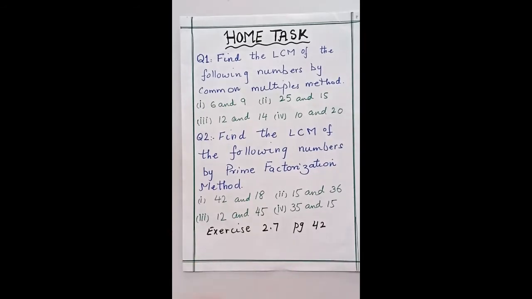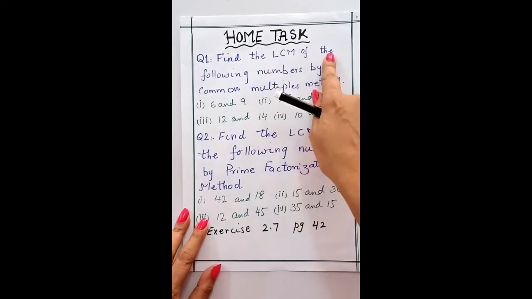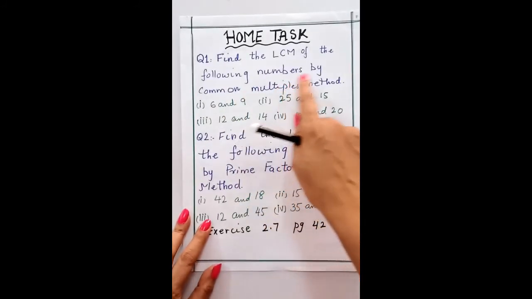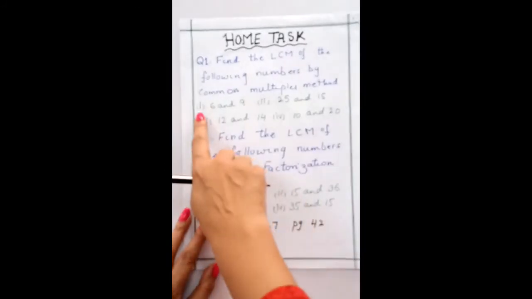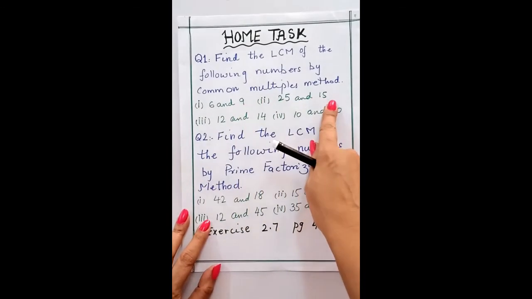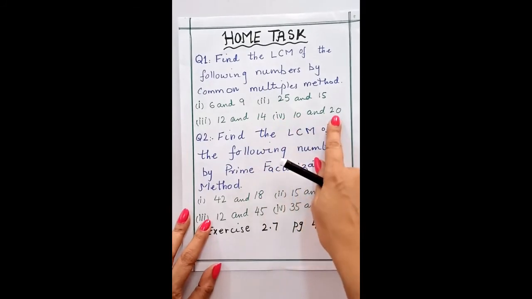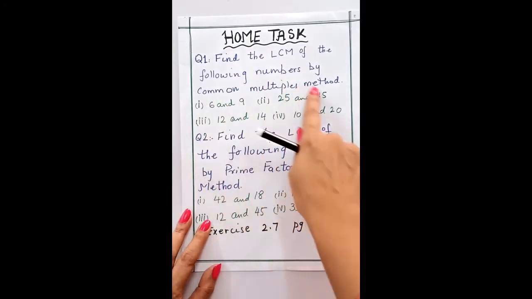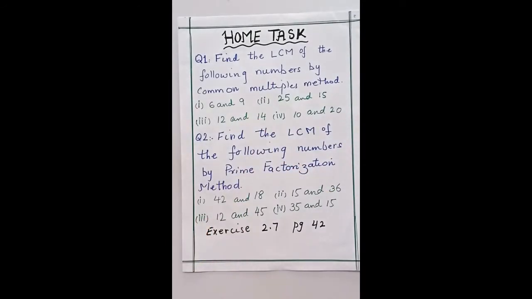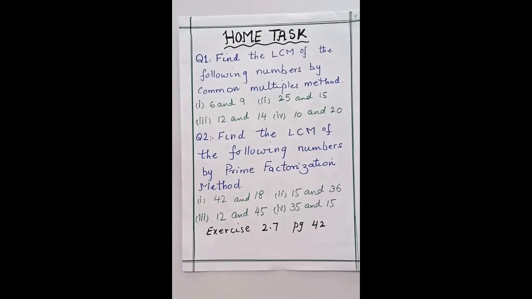So students, your home task is question number 1, find the LCM of the following numbers by common multiples method. Number 1, 6 and 9. Number 2, 25 and 15. Number 3, 12 and 14. And number 4, 10 and 20. So you have to find out the common multiples.